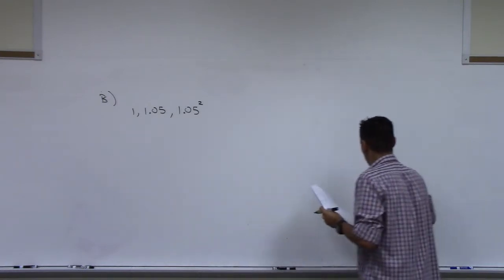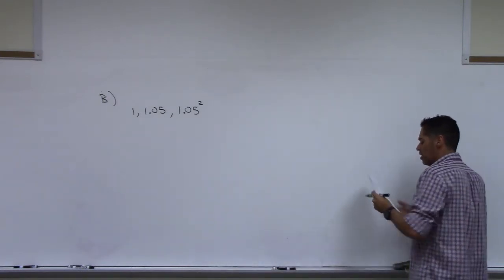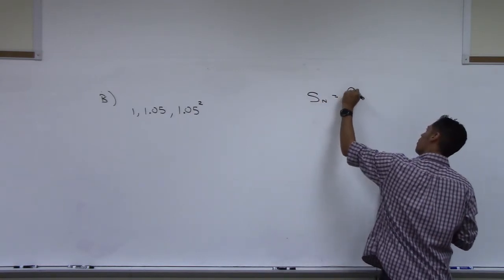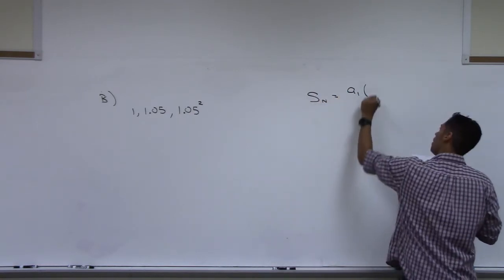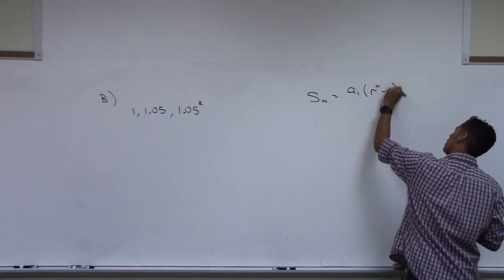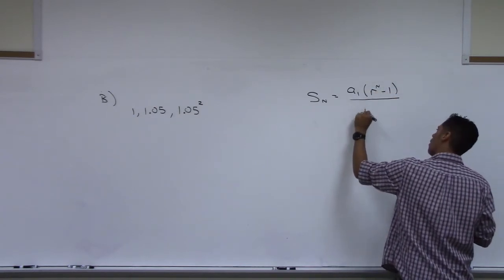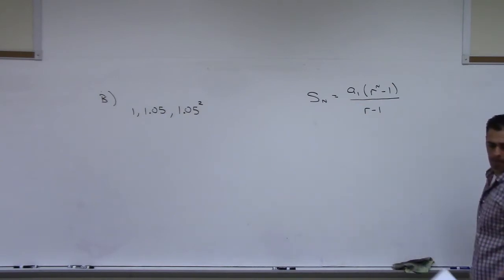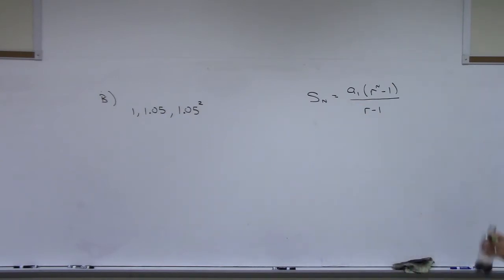What's the formula for the sum of the first n terms of a geometric? Well, it's a sub 1 times r to the n minus 1 over r minus 1. That's weird. I've never seen it written that way. Okay. What is a sub 1?